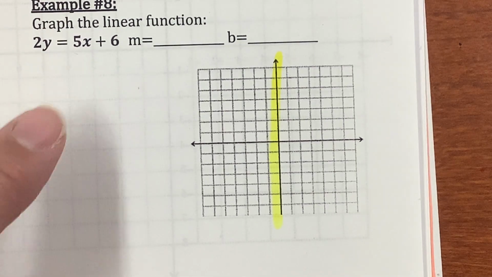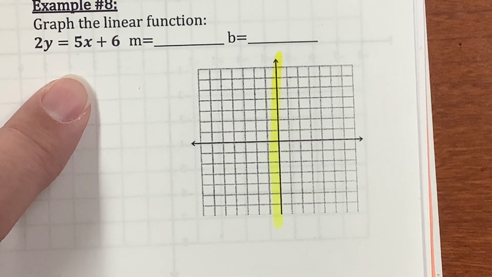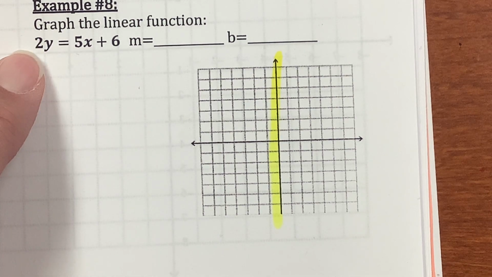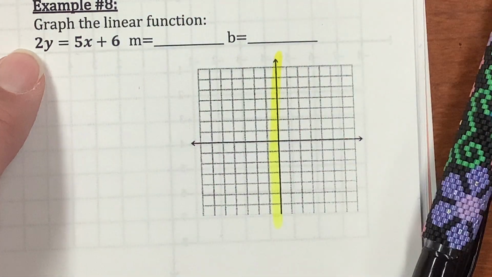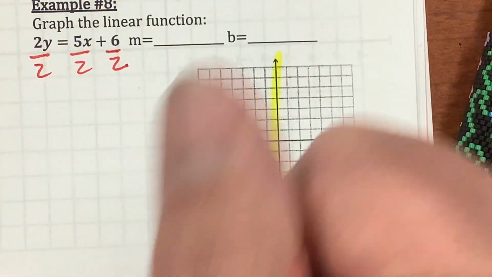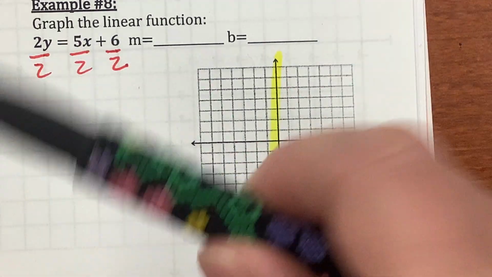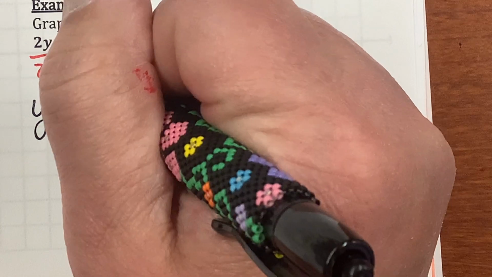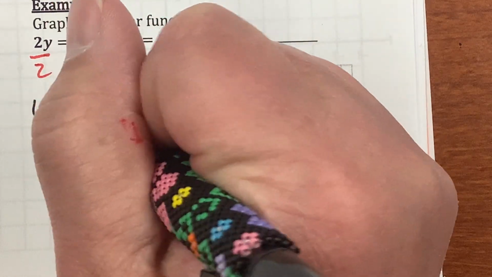For this one, graph the linear function 2y equals 5x plus 6. Well, I have to divide by 2. Divide by 2, divide by 2, divide by 2. 2 divided by 2 is y. 5 divided by 2, leave it as a fraction.